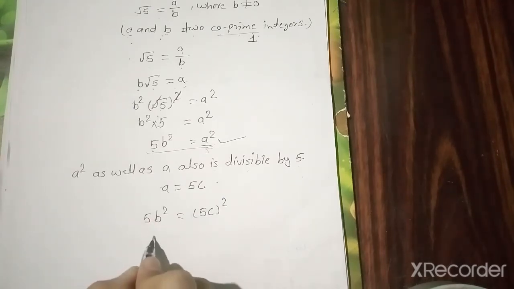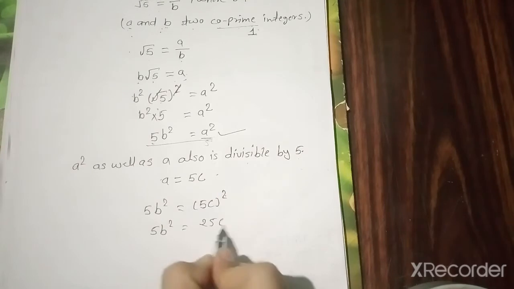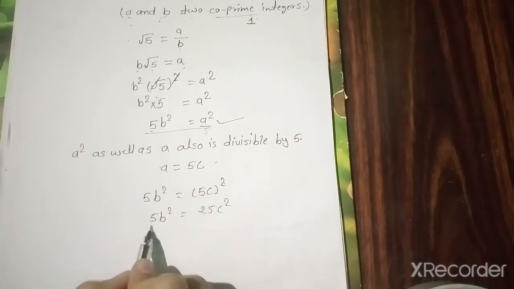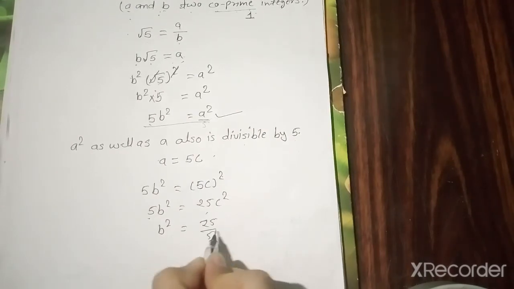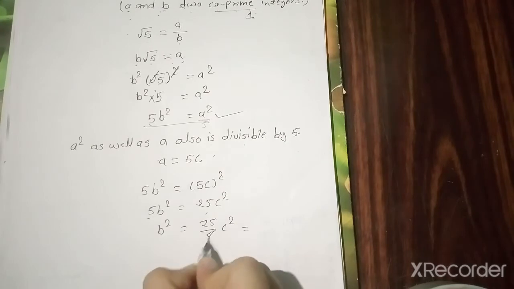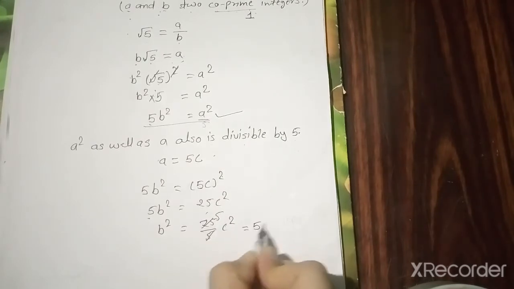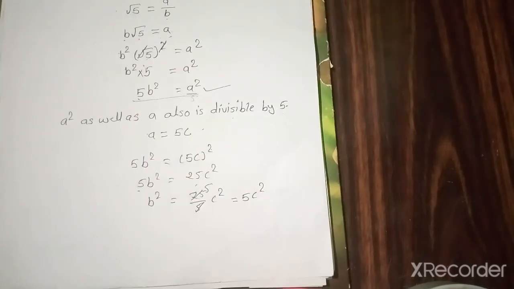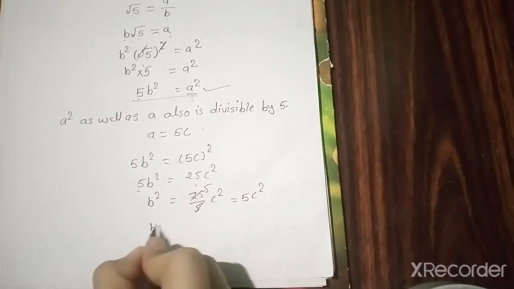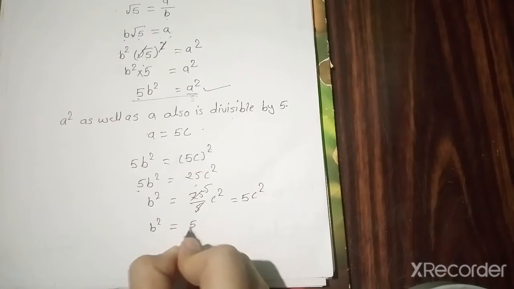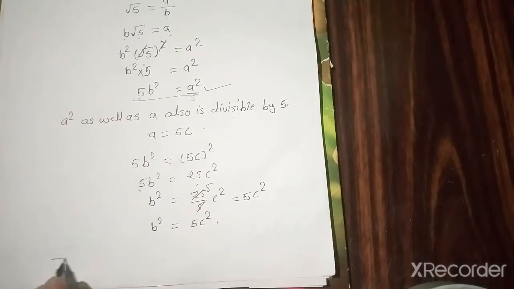So here 5b square equals 25c square, and transposing this 5 here, b square equals 25 upon 5 c square. So 25 upon 5 is 5, so b square equals 5c square.